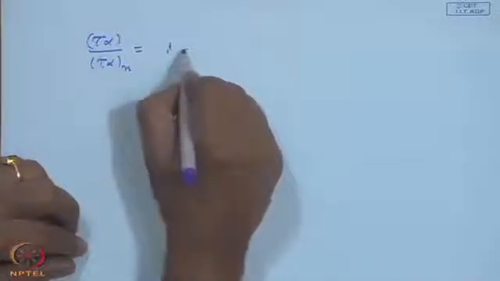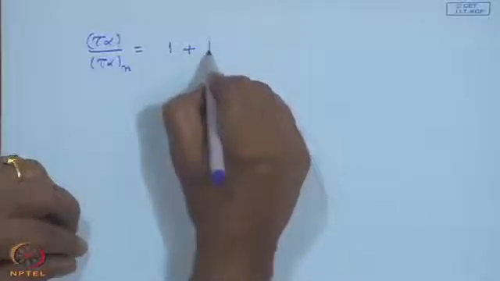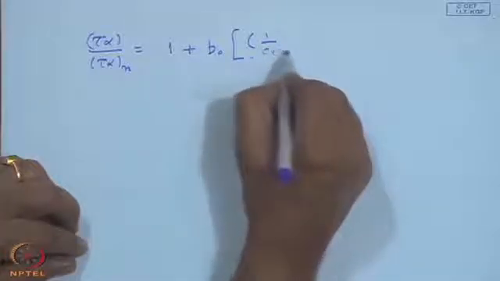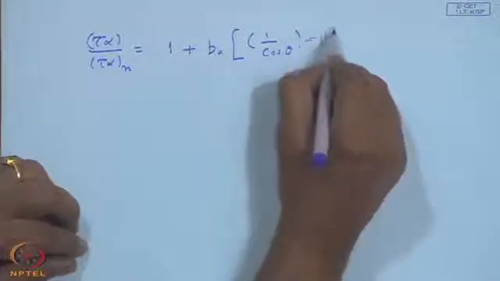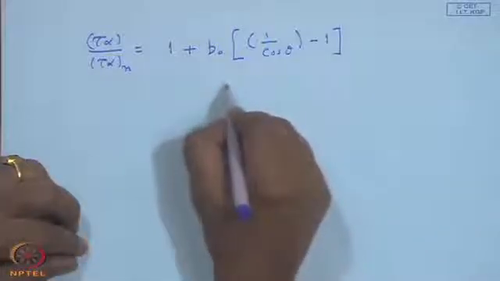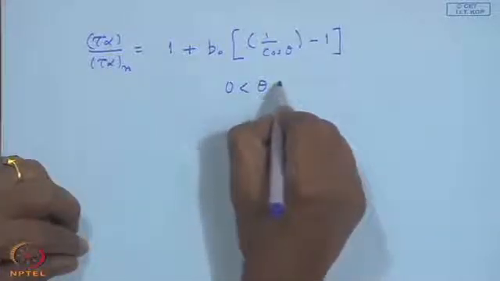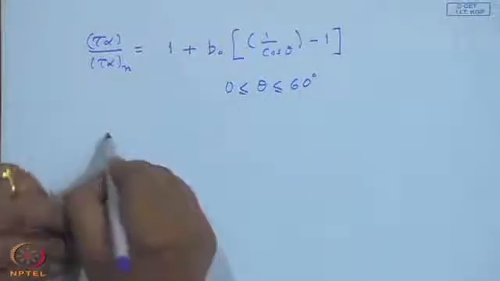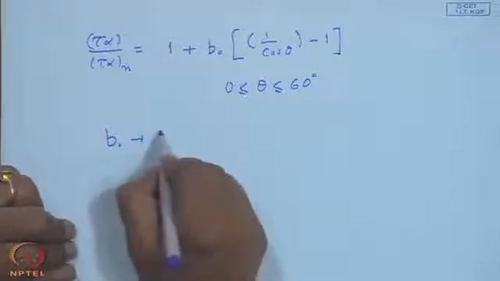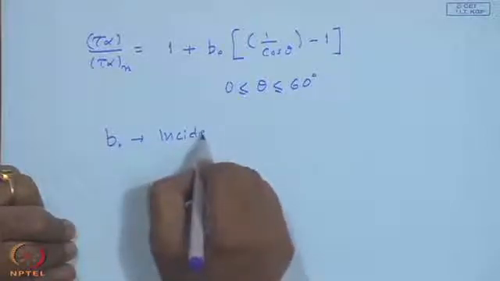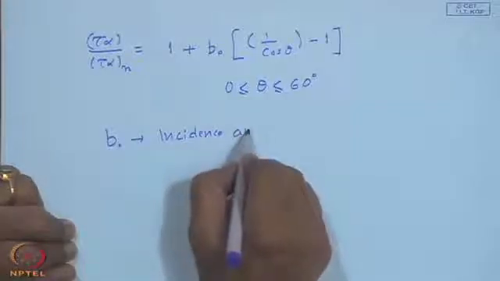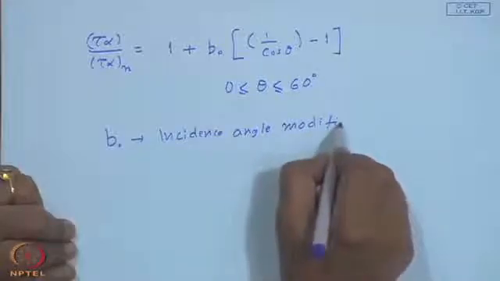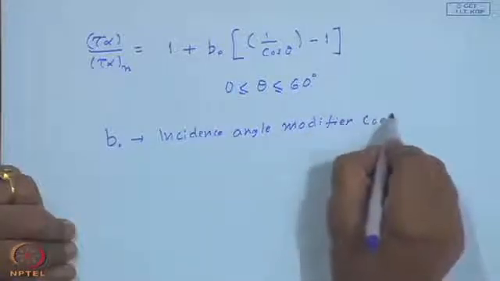This is described adequately, for theta less than 60 degrees, and this b0 is called the incidence angle modifier coefficient.